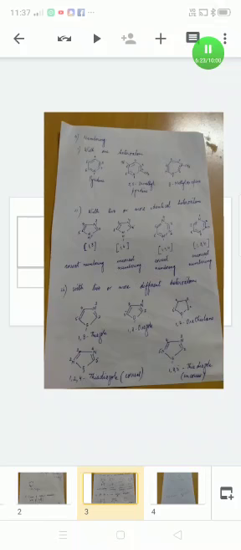Then 1,2-oxathiolane. Again, oxygen stands above sulfur, so 1,2-oxathiolane. 1,2,4-thiadiazole. This is the correct numbering. 1,3,5-thiadiazole is incorrect numbering.